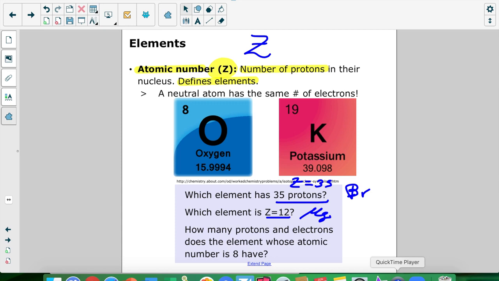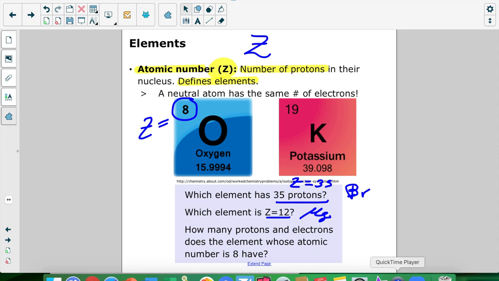How many protons and electrons does the element whose atomic number is 8 have? You actually have a hint here in this slide. The element that has 8 protons, an atomic number Z of 8, is oxygen.